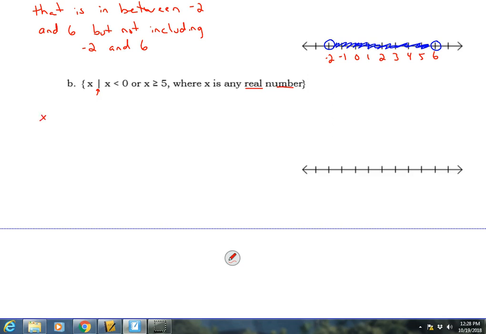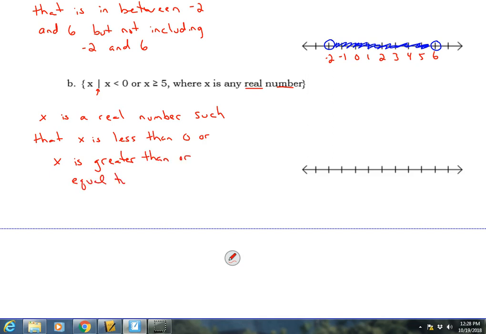So x is a real number such that x is less than 0 or x is greater than or equal to 5. X can be any number that's less than 0 or greater than or equal to 5.